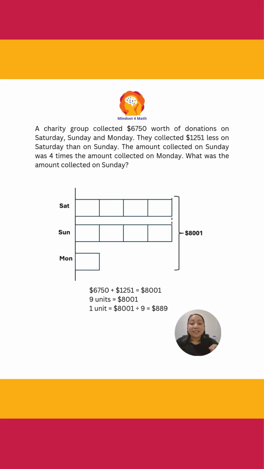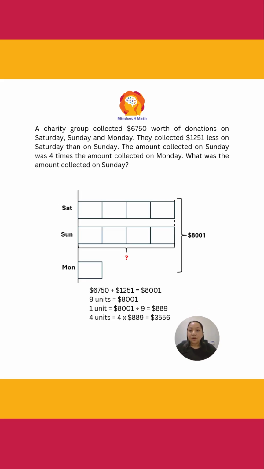Now we can see that 9 equal units are equal to $8,001. Since they are equal units, we can now compute for what 1 unit is equal to. We need to divide 8,001 by 9, and the answer is $889.